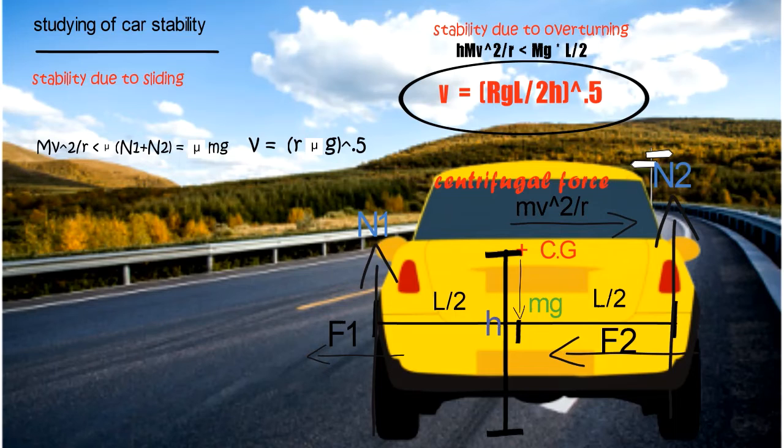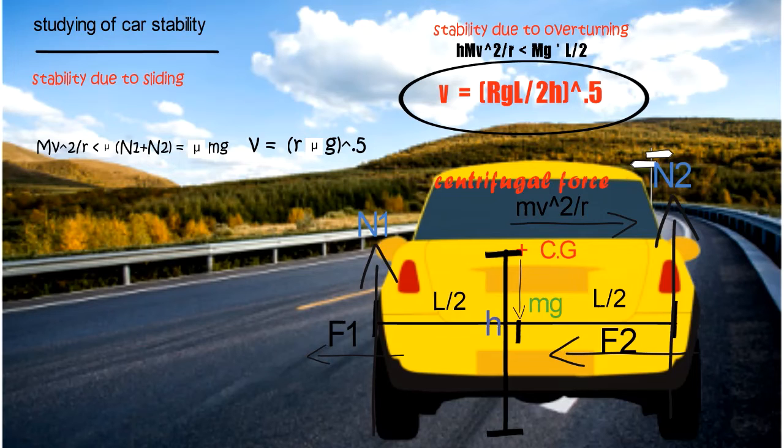If we take the torque or the moment around the edge of the tire, m times v squared divided by r, which is the centrifugal force, times h, which is the arm of the moment, should be less than mg, which is the weight of the car, times L divided by 2, which is the arm of the weight.